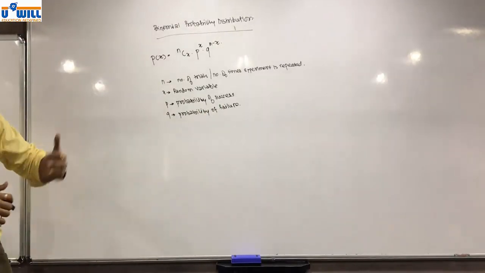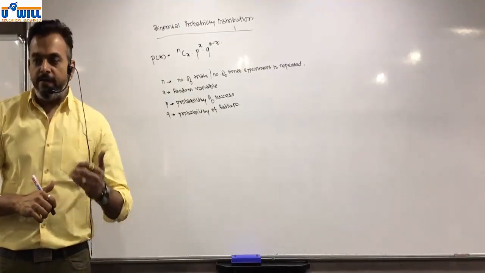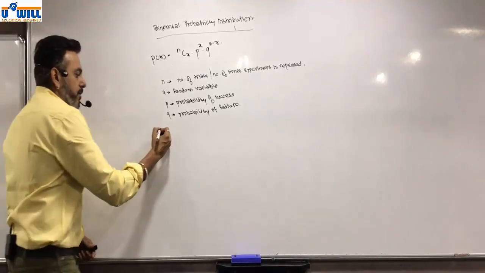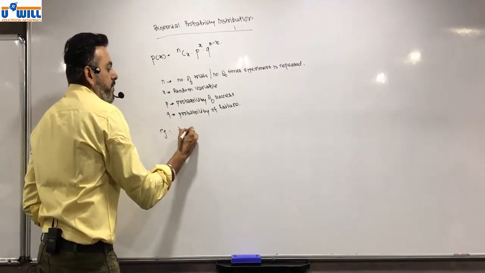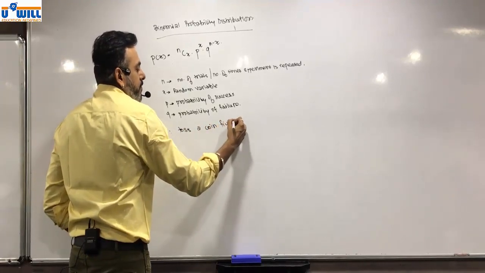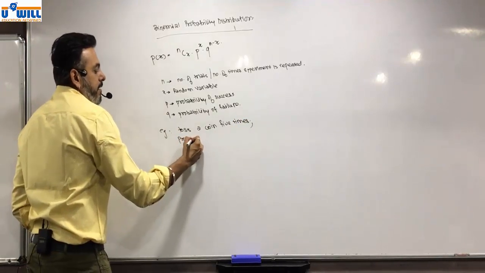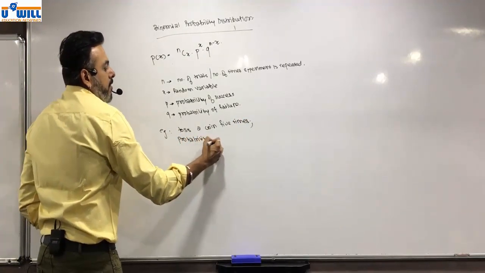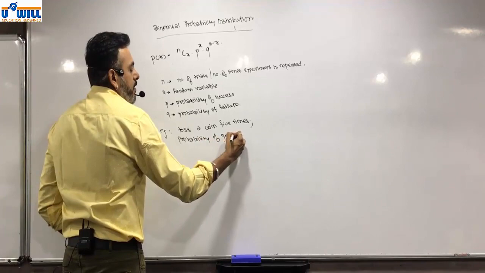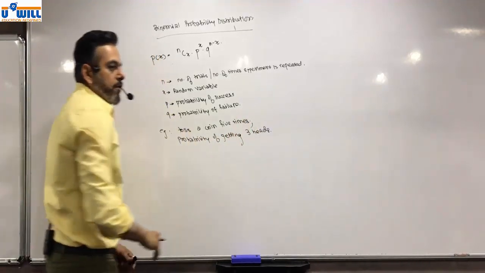Say for example, if I toss a coin 5 times, I'll write over here, toss a coin 5 times. We want to find the probability of getting 3 heads is what we want to find.